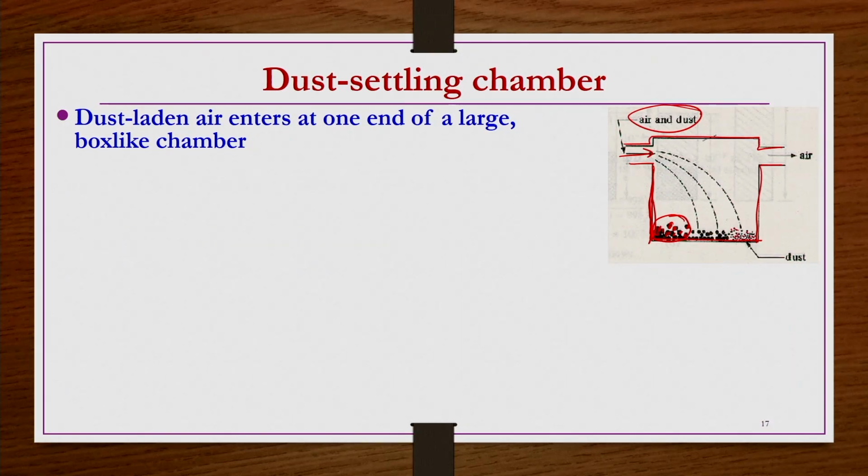Those particles have a very small settling velocity compared to the other particles. So, they travel and take a long time to settle, and in that long period of time they will settle at the other end, towards the exit side of the chamber wall. That side the fine particles will be collected, and in between the intermediate particles would be collected, right. So, all the particles would be settled here, and almost clear air will go out, right.